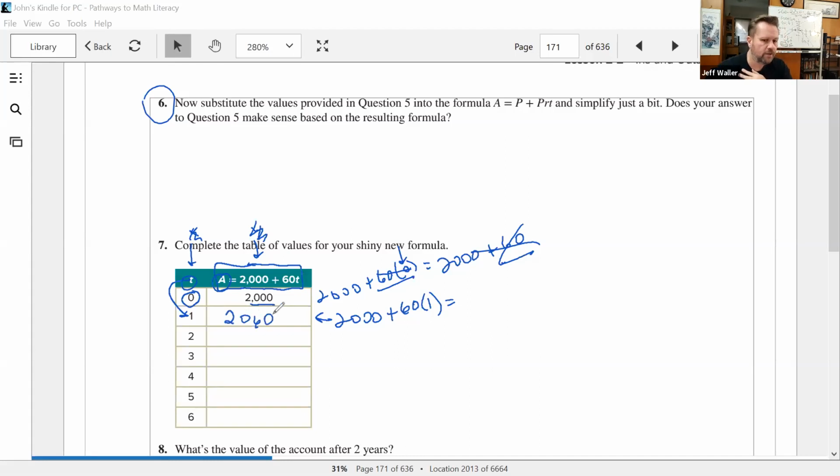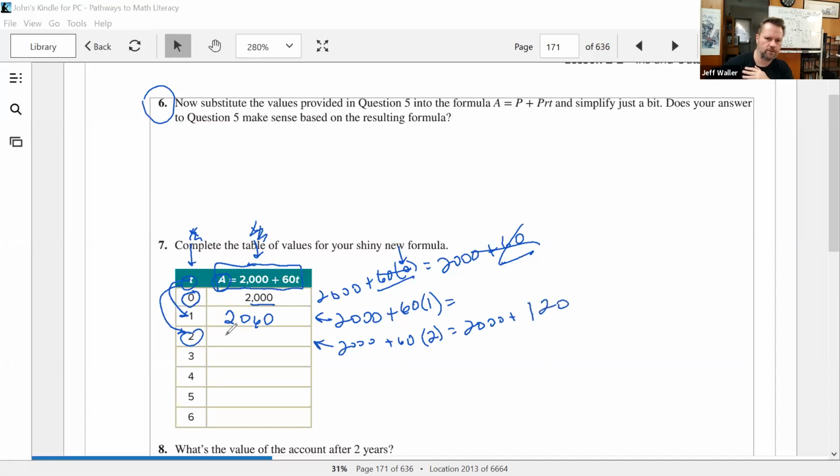So notice, well, let me do one more. This is just coming back to something we've done before. We're just talking about it a little bit differently. So to do this one, I would do 2,000 plus 60 times 2, because now I want t to be 2. And 60 times 2 is? 120.